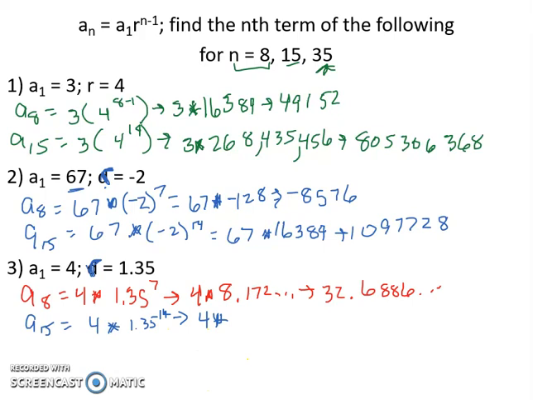And 1.35 to the 14th power is only 66.784 and a whole bunch more decimals. So that's going to give us only 267.136. So it doesn't grow as quickly because it's not as large of a number.